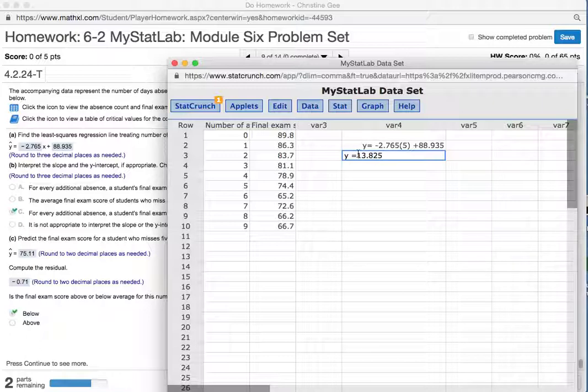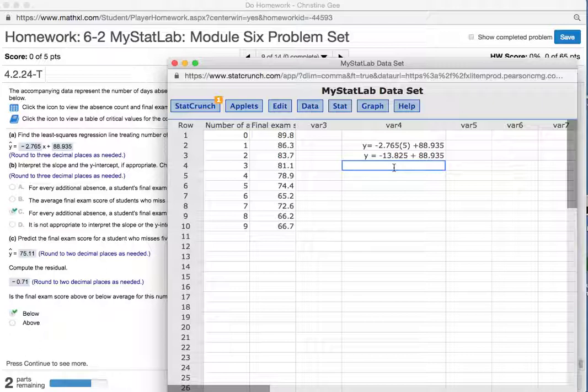Oh, my bad here, this is negative. And then here I have plus 88.935. Now, when I simplify this, I'm just going to combine these.